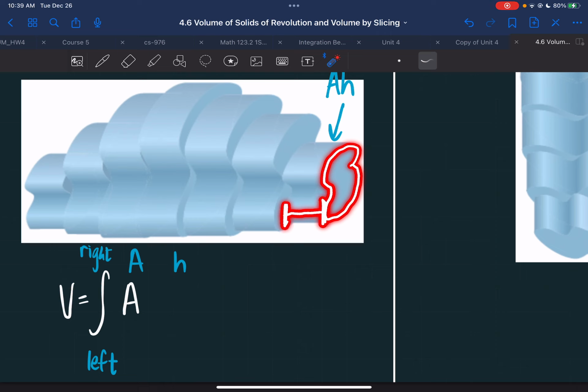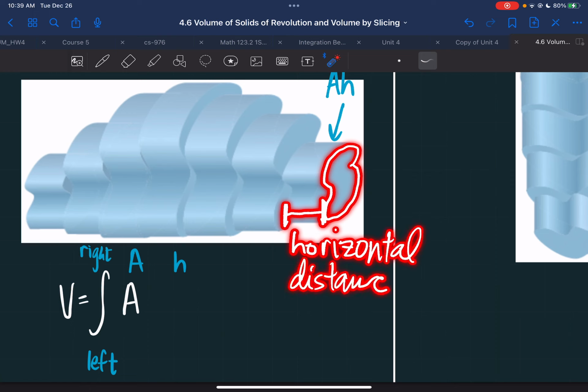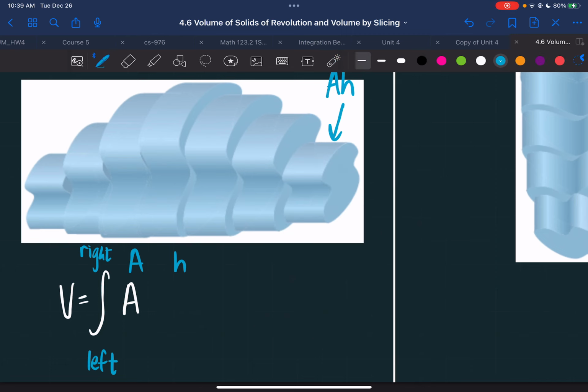And your height is a horizontal distance, which means that this is an x value. This would be a value in terms of x. So your height here, we can denote by dx.